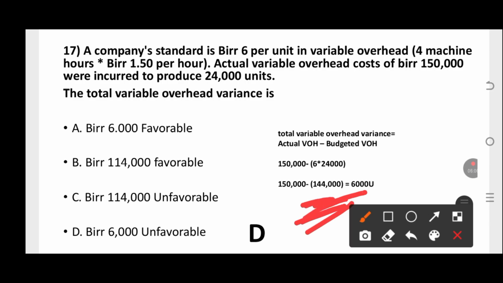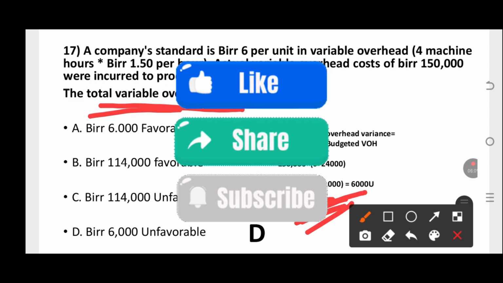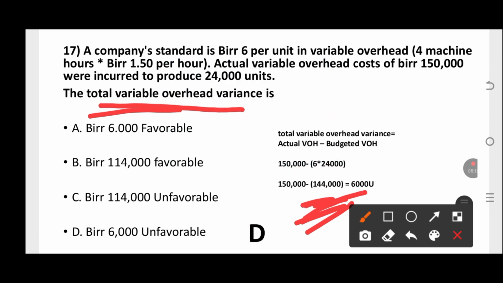So the total variable overhead variance is 6,000 unfavorable. Okay, let's continue.